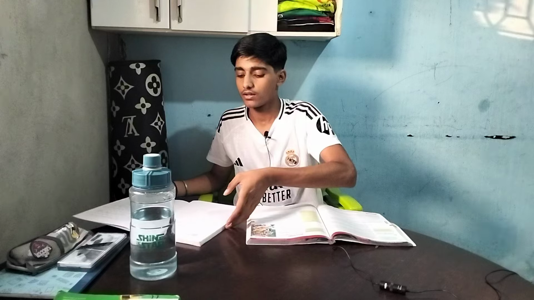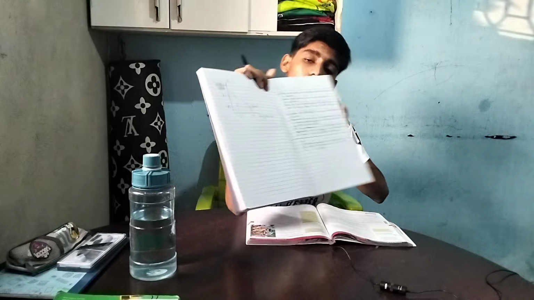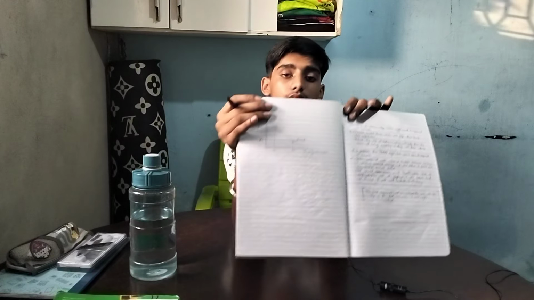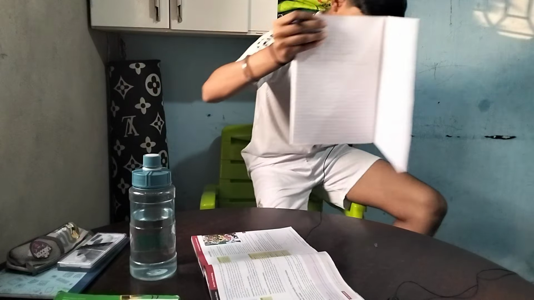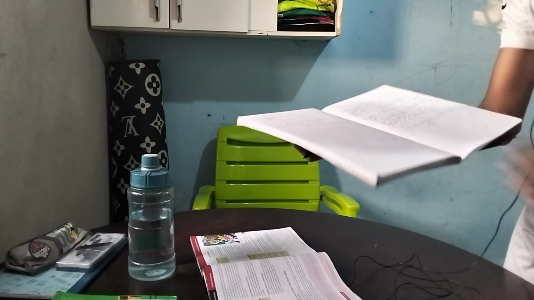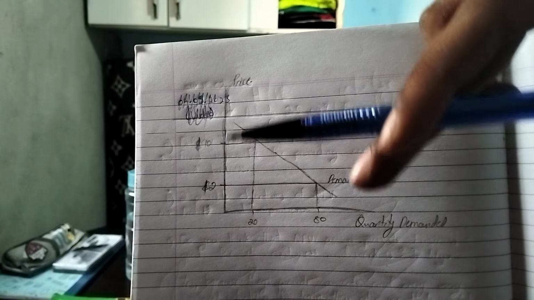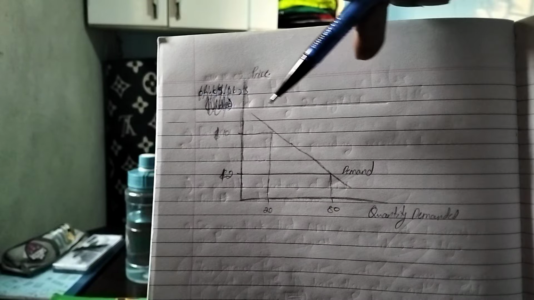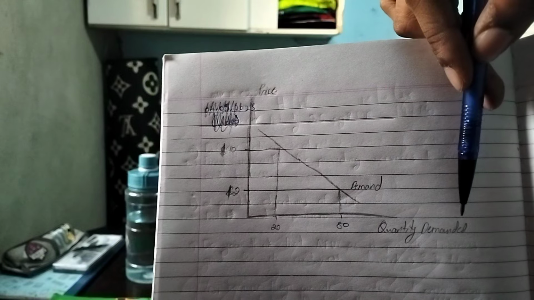Okay. You can see this diagram. Let me stand up. You can see this diagram. This is the price, and this is the demand, and this is the quantity demanded.